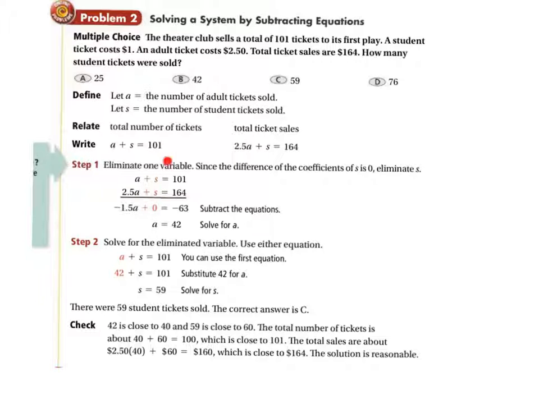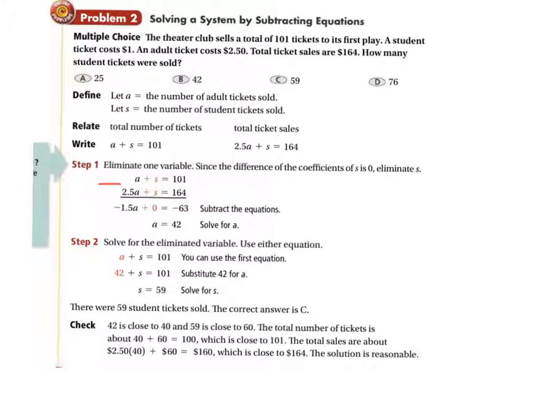Now notice here, both of these have a positive S. If you add that, you're going to get 2S. But if I subtract, so if I write in a subtraction sign here, then A minus 2.5A is negative 1.5A. S minus S is 0. And 101 minus 164 is negative 63. Divide off that 1.5, and A is 42.